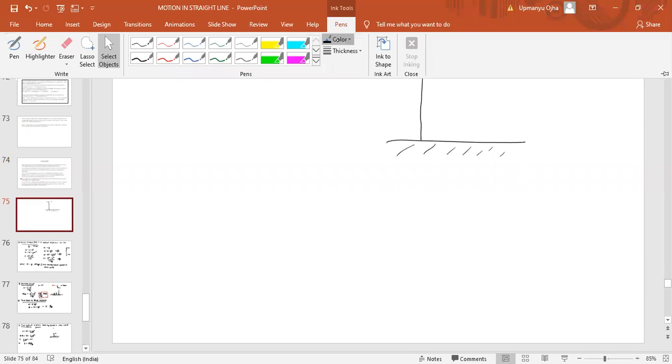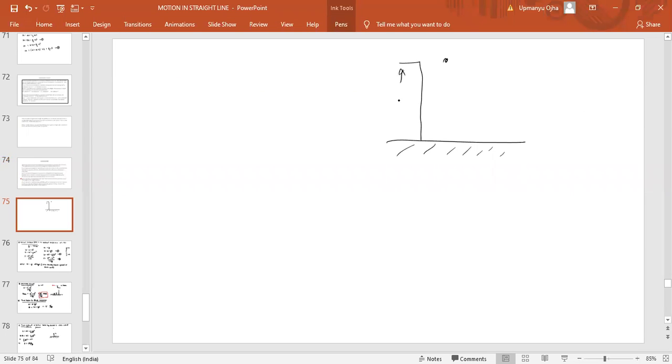Let us suppose the height is h. It reaches the ground in 4 seconds. Simply, we can use the equation of motion. Drop means the initial velocity should be zero. So we can use the second equation, s equal to ut minus half gt square.